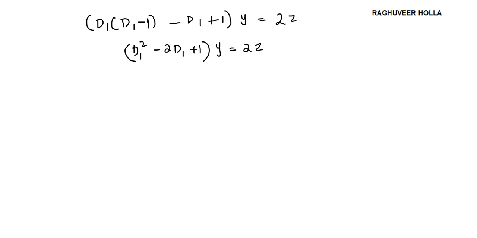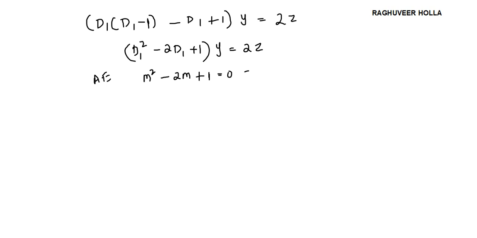Now this is an ordinary differential equation of second order, and it is non-homogeneous. Why? Because on the right hand side you have a function. So let us first find the auxiliary equation, that is m square minus 2m plus 1 equal to 0.